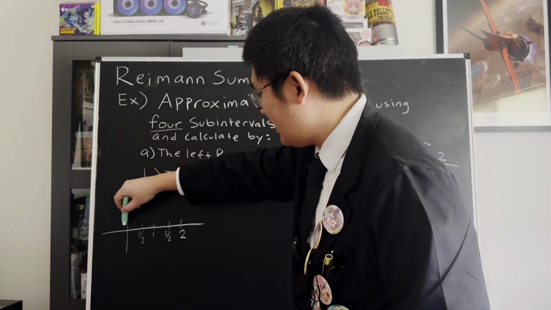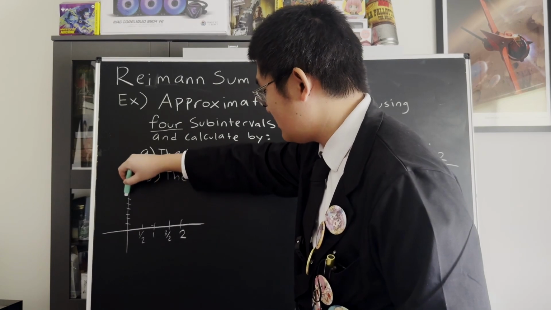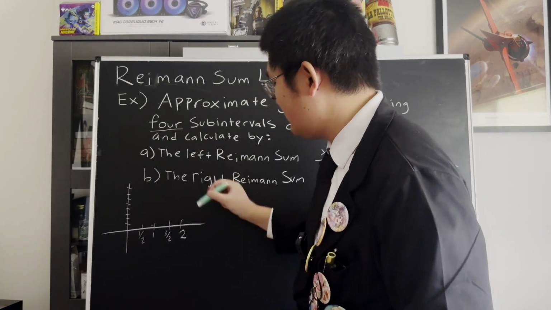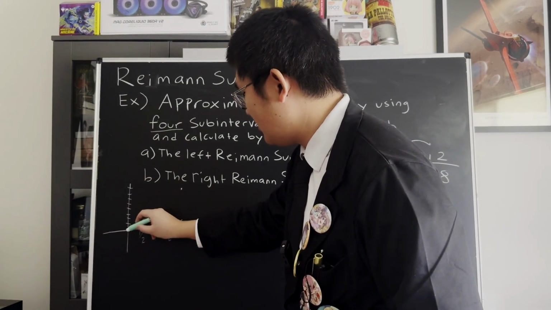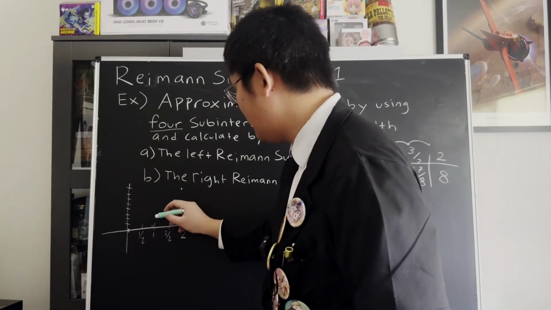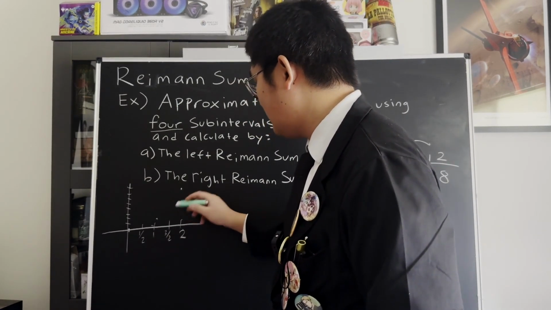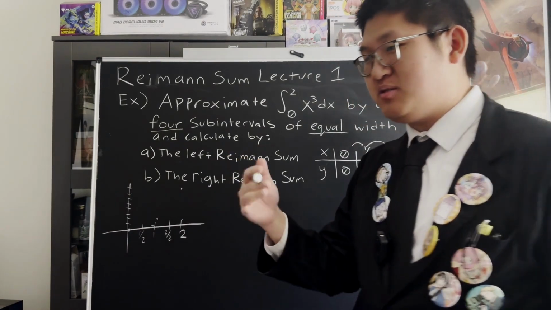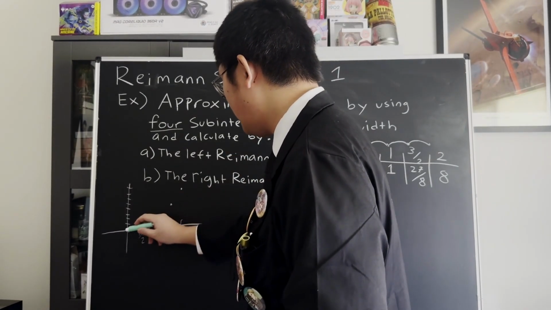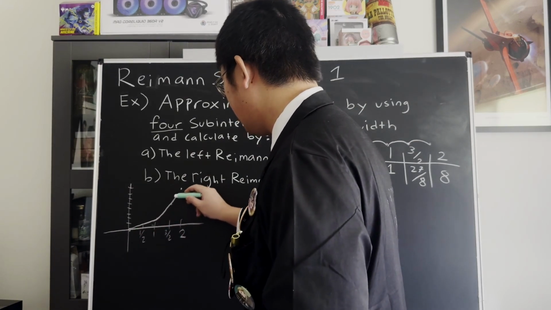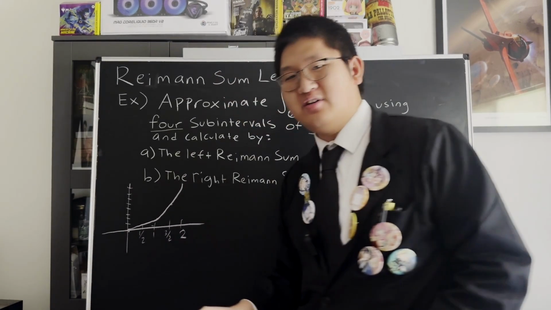So we do need to go up 8 times, 1, 2, 3, 4, 5, 6, 7, 8, all the way up to the top. So we have 2, 8 that we started with, and then 0, 0 that we also started with. Okay, 1, 1 as well, and then 3/2 with that 27/8 would be somewhere around between 3 and 4. So we can go do that. So we end up with a nice curve like this for the function.